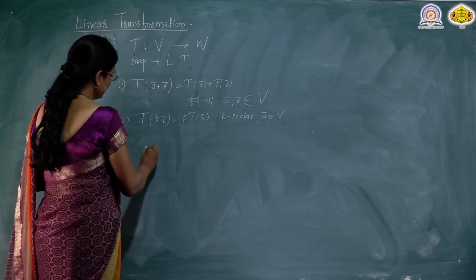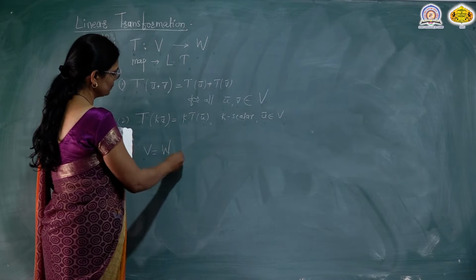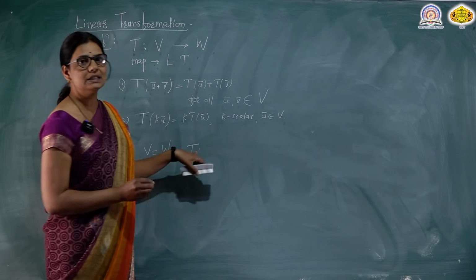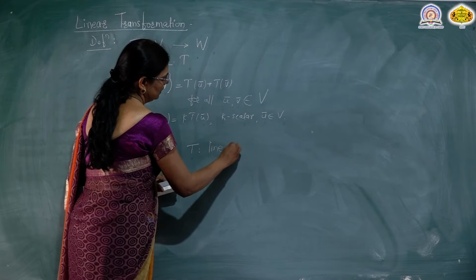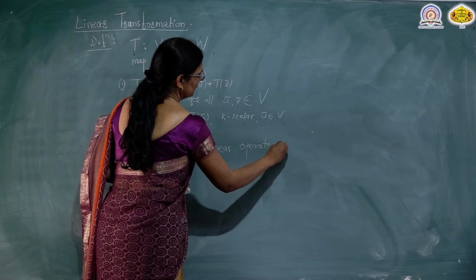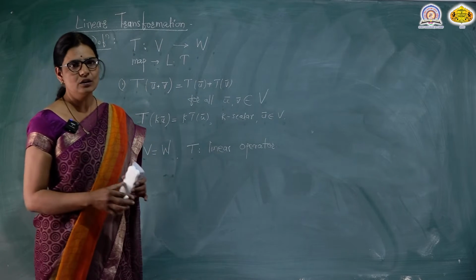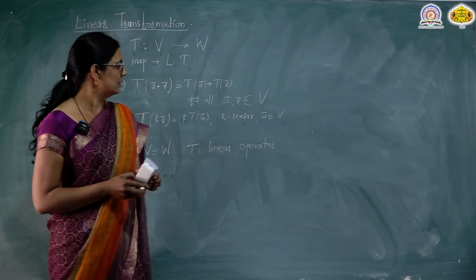Now in this case, if V is equals to W, then T is called the linear operator.